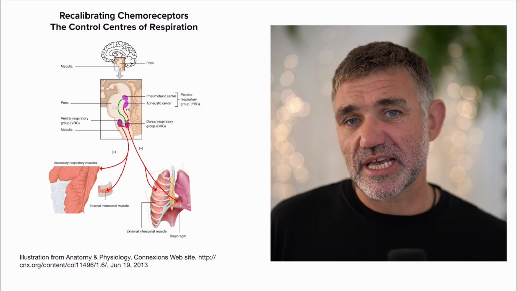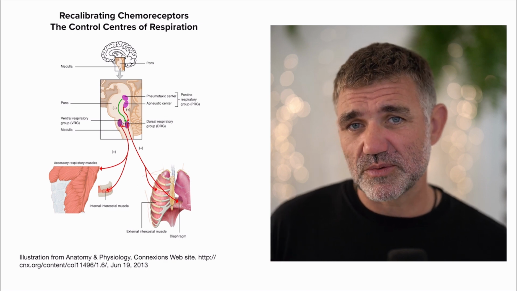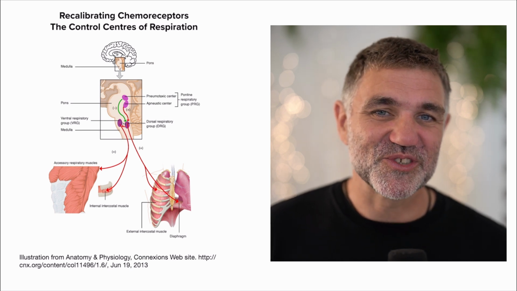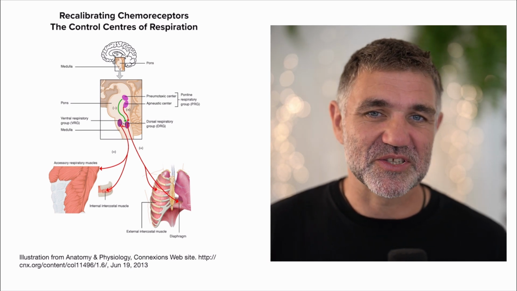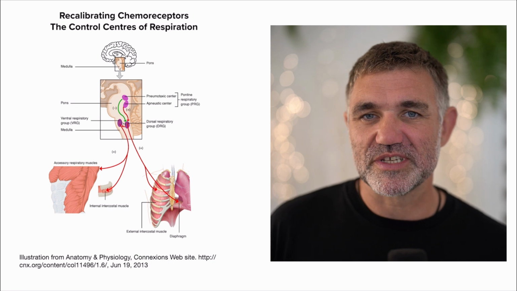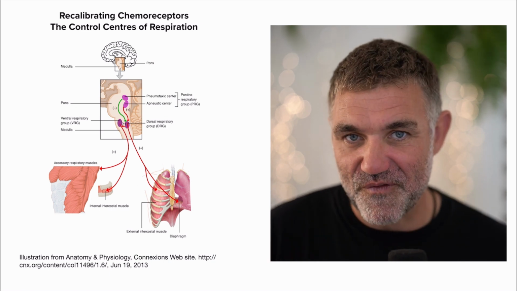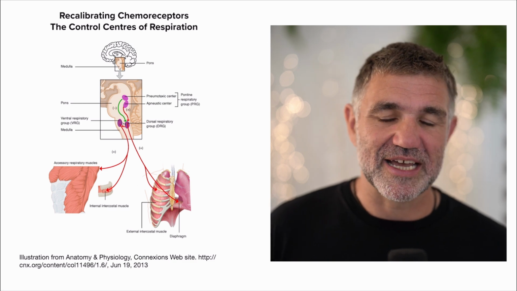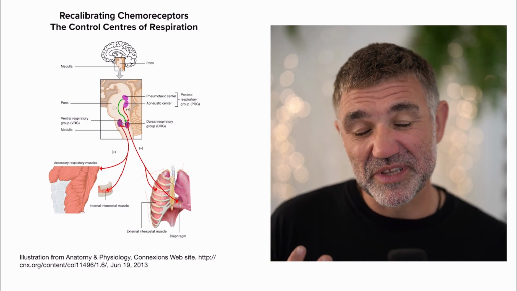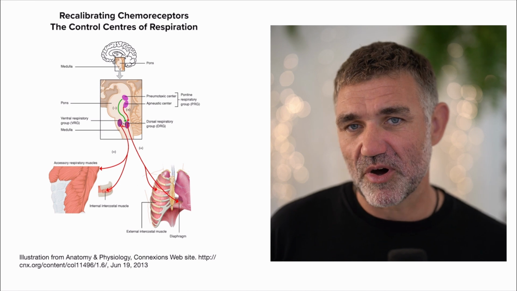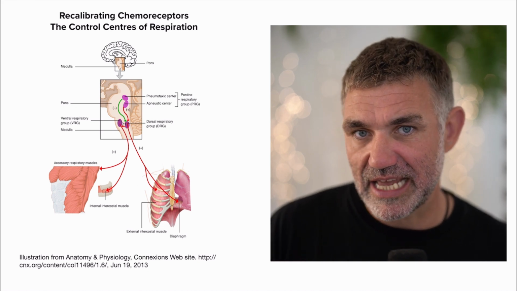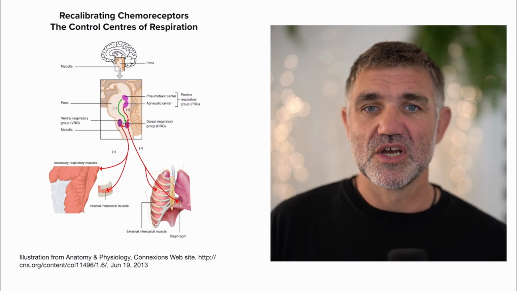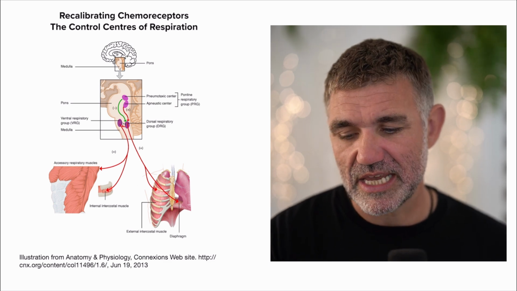And we have an exercise called the control pause exercise, which helps us to track our level of tolerance to carbon dioxide, and that helps us to understand whether the chemoreceptors are hypersensitive or not, whether they're faulty or not. And we have a selection of breathing exercises that create these momentary state changes within the body that then create long-term trait changes by forcing adaptations to the nervous system, to the chemoreceptors.